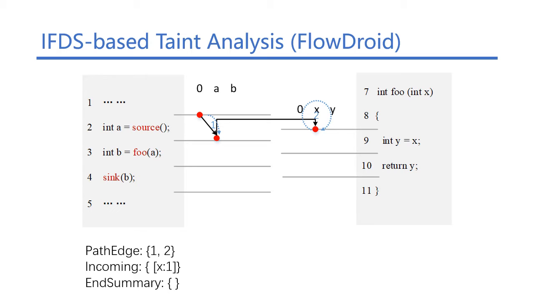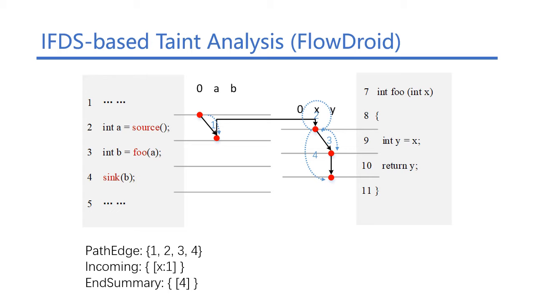Data flow fact X is generated because of the invoke at line 3. The path edge from data flow fact X at line 8 to X at line 8 is added into memory. And the data flow fact X and the predecessor H1 are added into the incoming set. Data flow fact Y and path edge 3 are generated because of an assign statement at line 9.